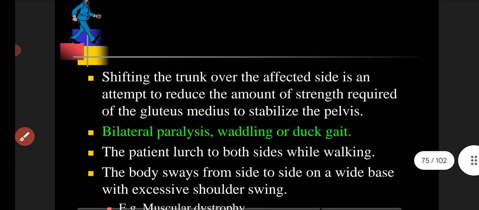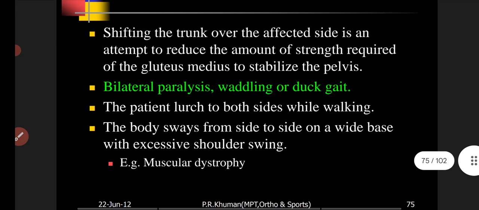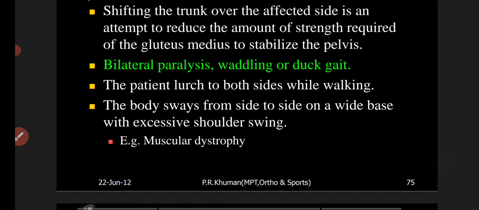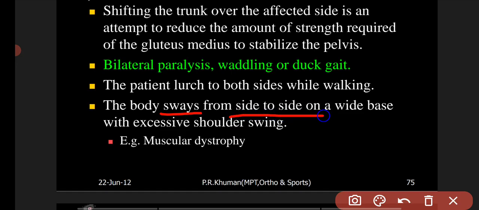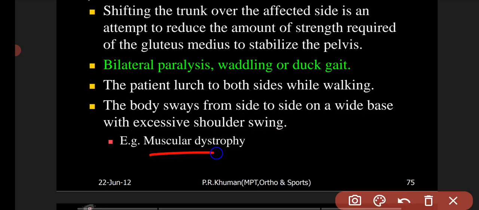That's why in case of bilateral paralysis it is known as the duck waddling gait. Okay, the body saws from side to side on a wide base with excessive shoulder swing. Okay, for example, in case of muscular dystrophy, you will see the duck waddling gait.